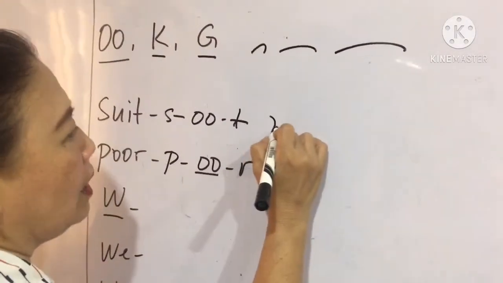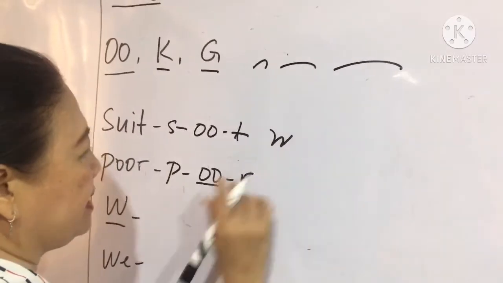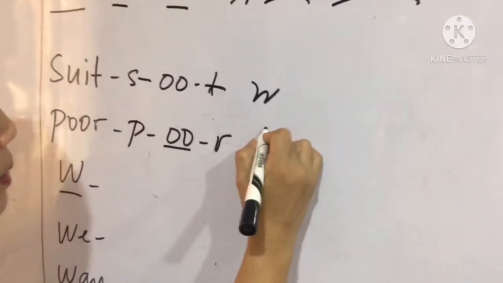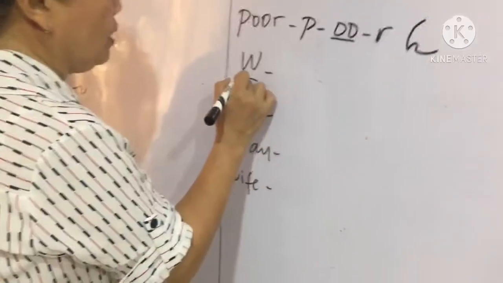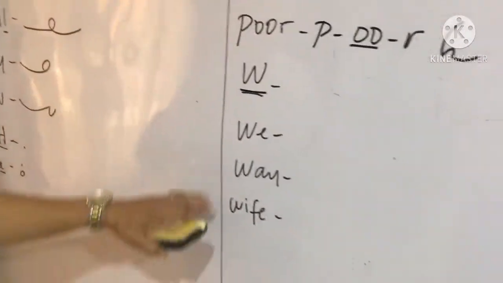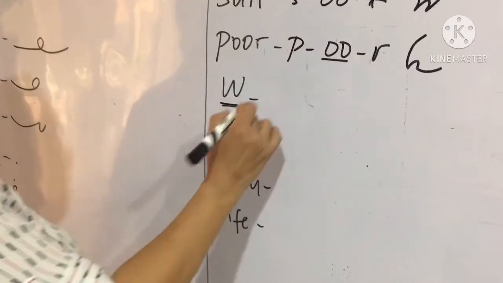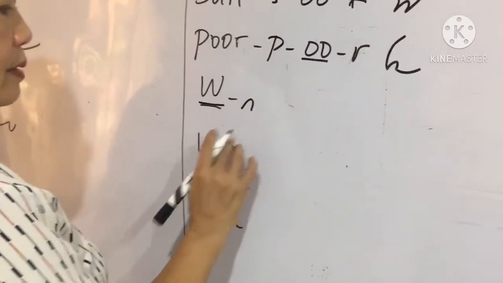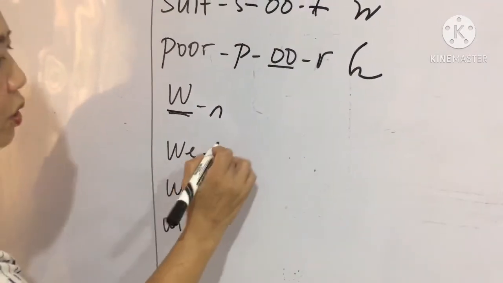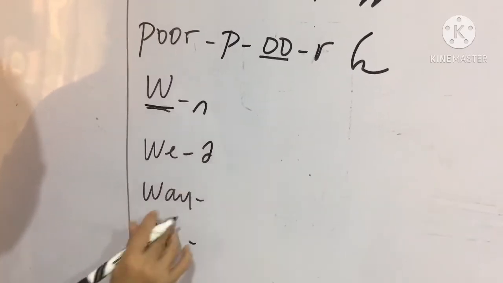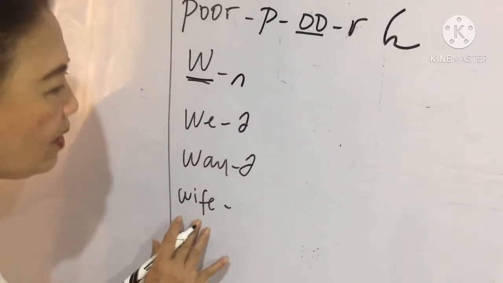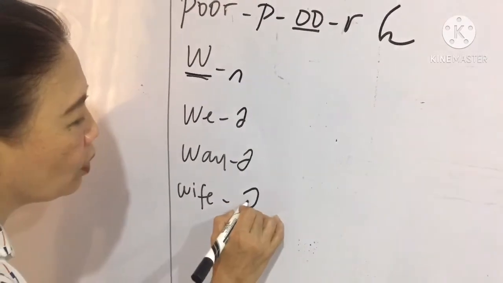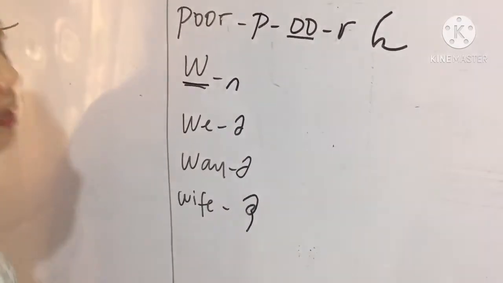Right, S, long U, and letter T. For the pour, we have letter P, then long U, and R. The W in the beginning of the word is also represented by the long U. So like the word we, long U and E. Way, long U and A. And the wife, long U, then broken circle I and F.